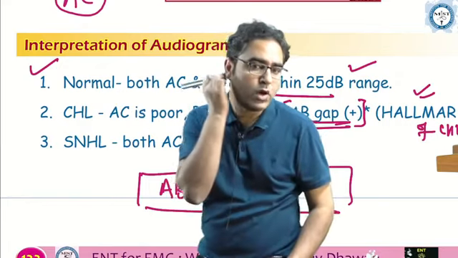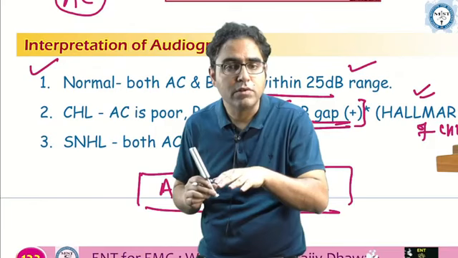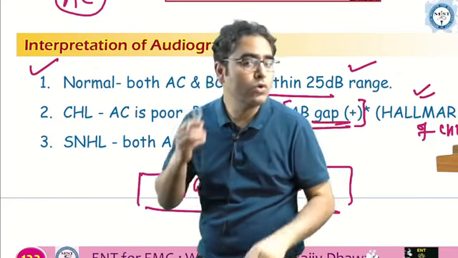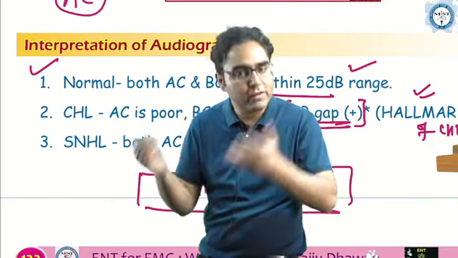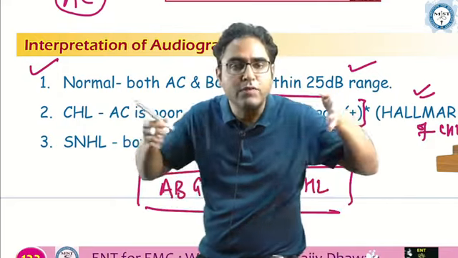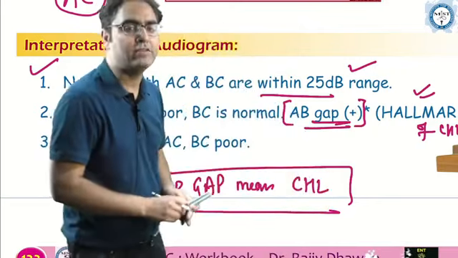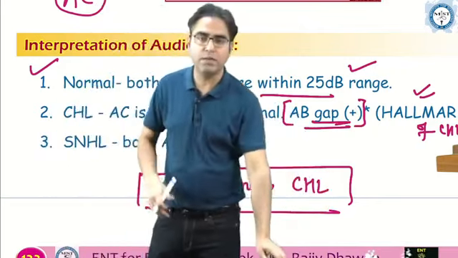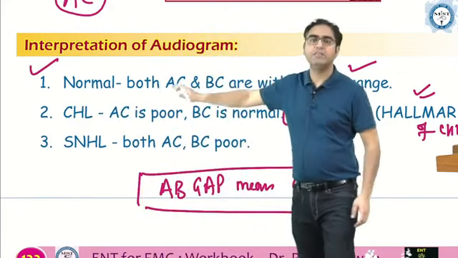Cochlea. Bone conduction goes where? Cochlea. In SNHL, cochlea is weak. So in SNHL, you go this way or you go this way, both will be poor. Because AC or BC, both sounds eventually go to the cochlea only, beta. See, in SNHL, both AC and BC are poor, beta. Poor means below 25. In conductive loss, BC will be normal, AC will be poor, beta.